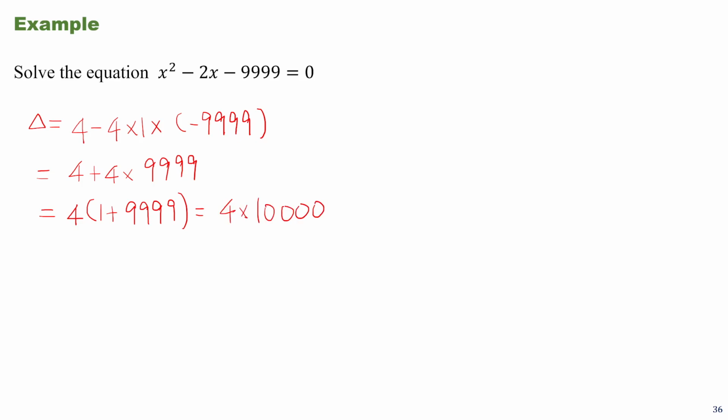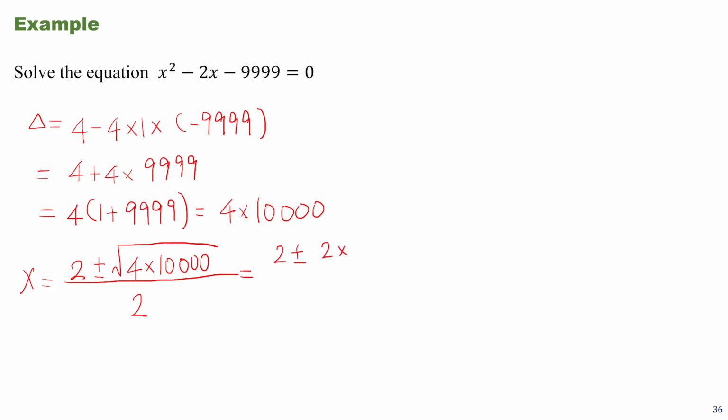Then the root of this function can be given as 2a denominator, then negative b, which is 2, plus or minus the square root of delta, which is 4 times 10,000, right? And this can be easily simplified to 2 times 100 over 2.